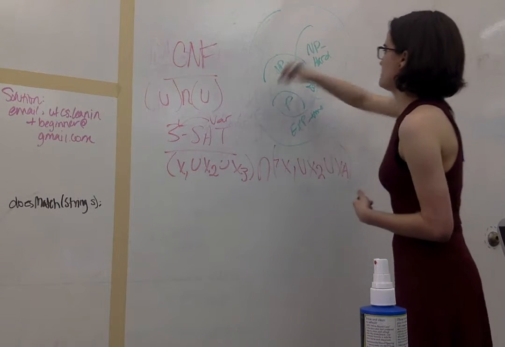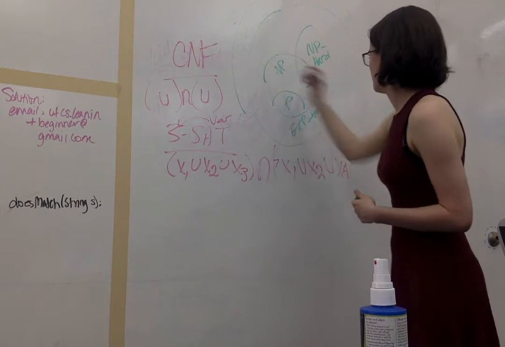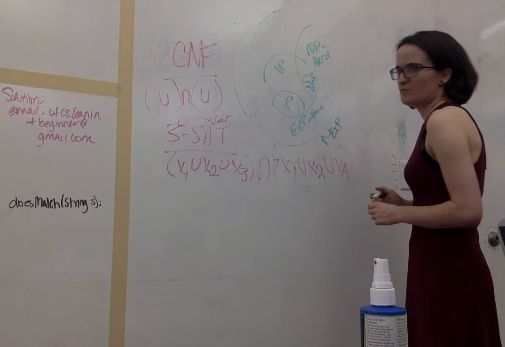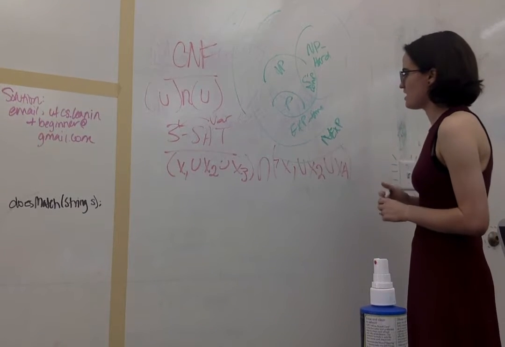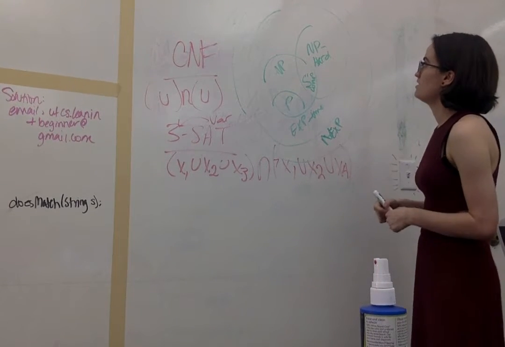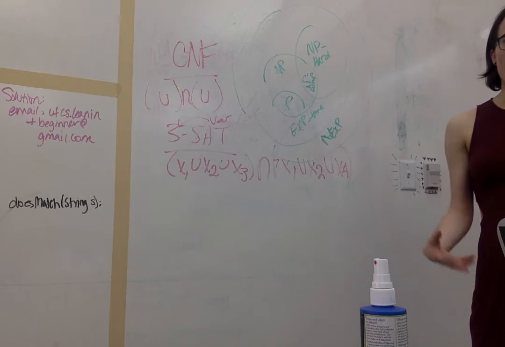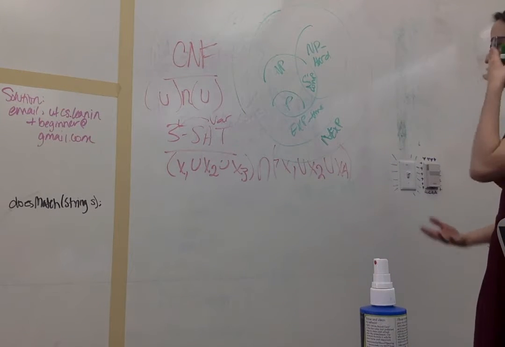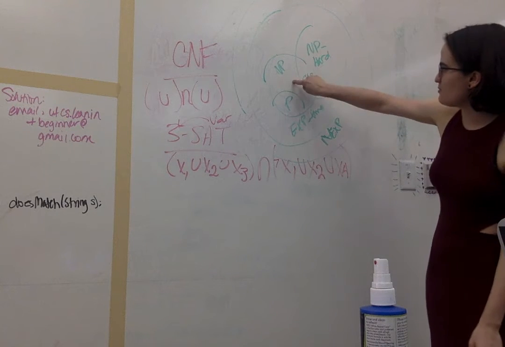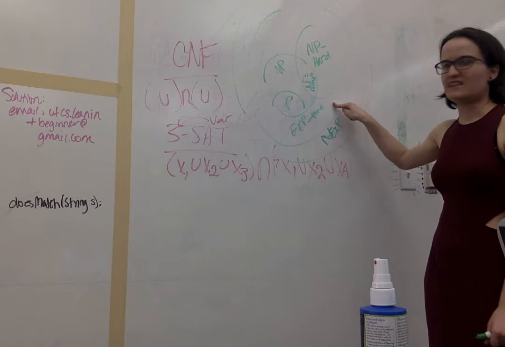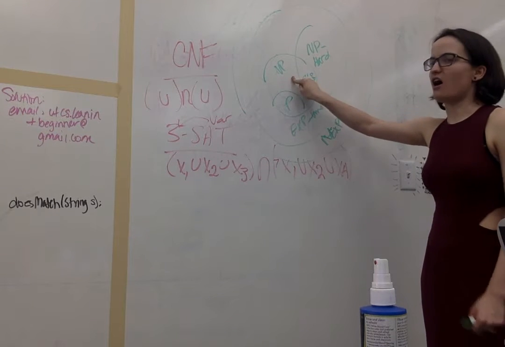Because NP is always a superset of P. So this is what you keep in mind whenever you're trying to figure out where you are. You know that 3-SAT is NP, so it has to also be in exponential time, right? Anything that's in P has to also be in NP.